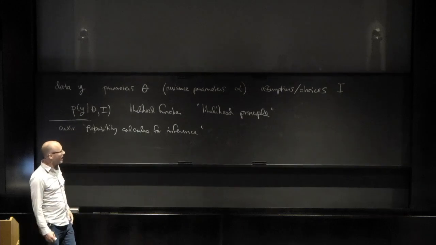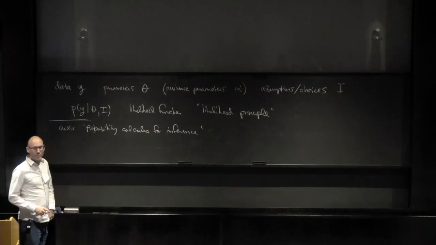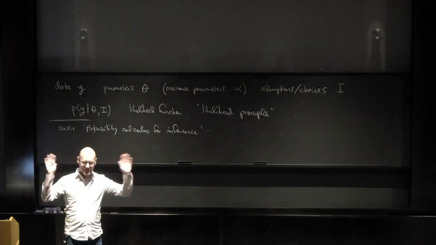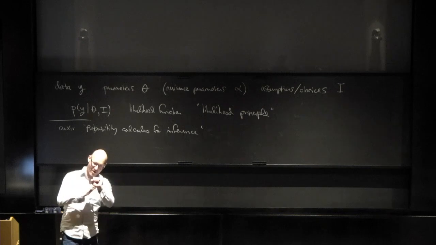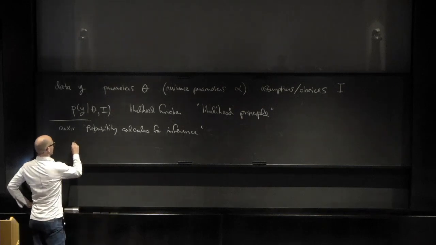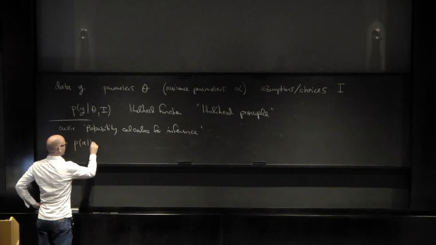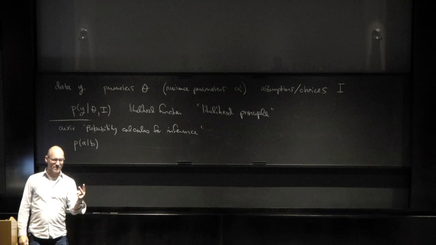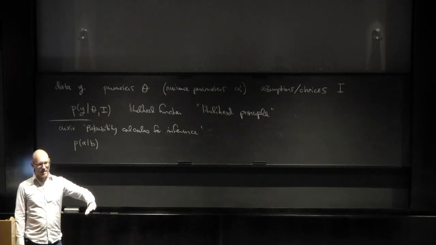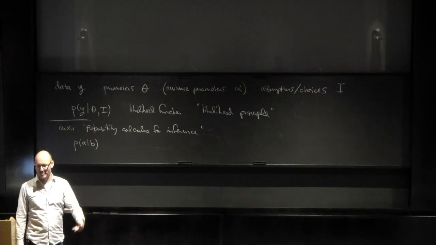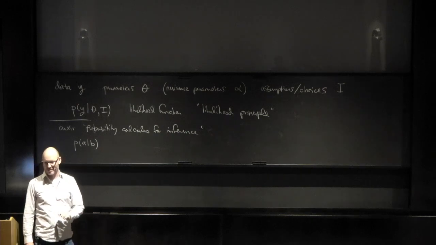Now, what are the rules for a probability distribution? I don't actually know all the rules. Math is complicated, so I'm just going to say all we need to know for our purposes. If I have a probability distribution P of A given B, it has two properties, and if it satisfies these two properties, with incredibly obscure exceptions, it is a probability distribution.